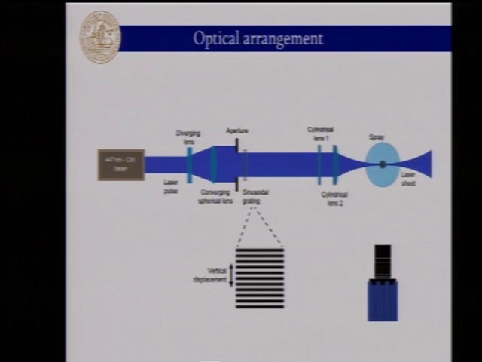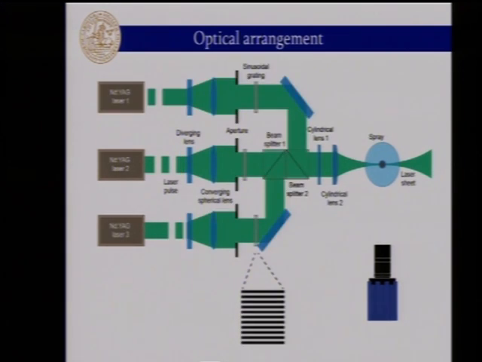Now, how do we do it for single shot? First, you need a pulse laser. Then you need to do this 3 times, so you need 3 lasers and 3 gratings. You recombine everything, and you need to change the camera, because you need to detect those 3 pulses in a very short time delay, in this case 125 nanoseconds, because you want to freeze the motion of the spray.